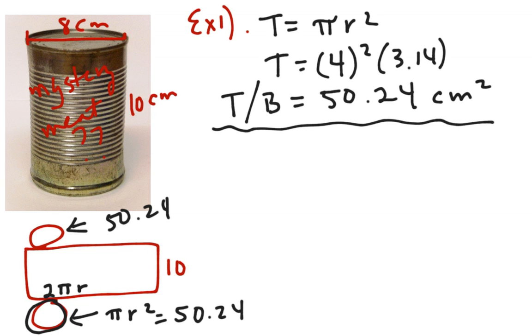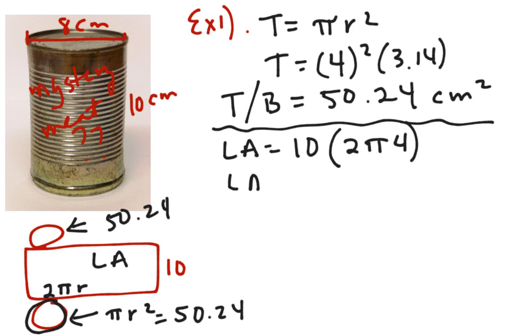And then the label, the lateral area, this rectangle, is 10 times my circumference, which is 2 times pi times my radius, which I figured out was 4. So that's going to be 10 times 8 times pi, which is 80 times pi.